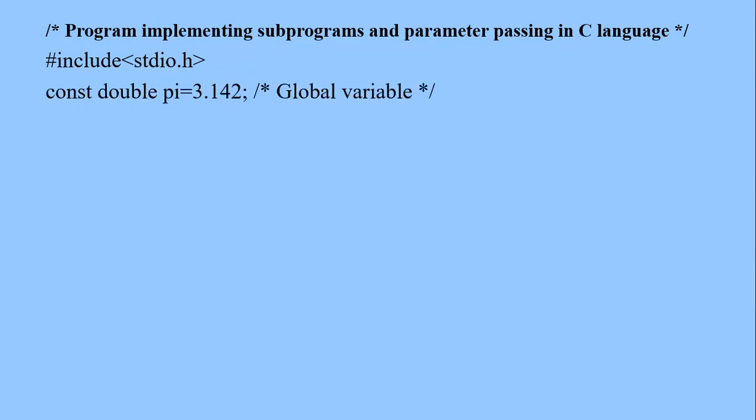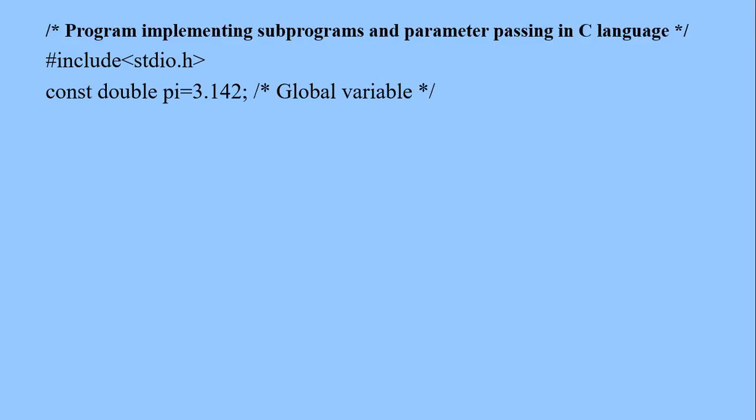And then we declare a memory location that is going to hold a value that will not be changing, and that value is going to be a value with fractional part or decimal point. And then we assign into that memory location that we are calling pi the value 3.142.